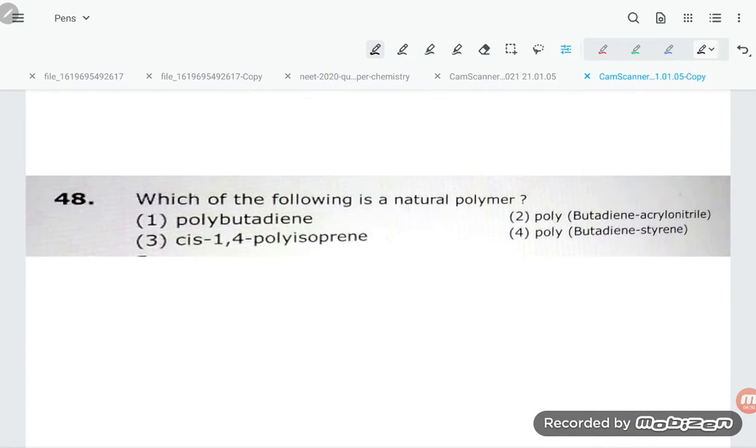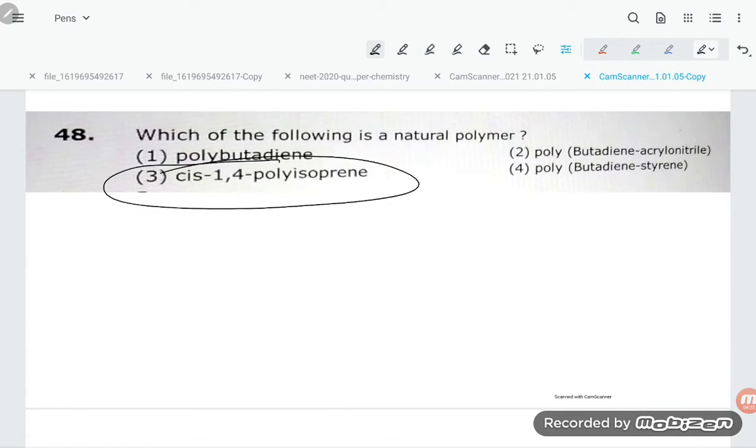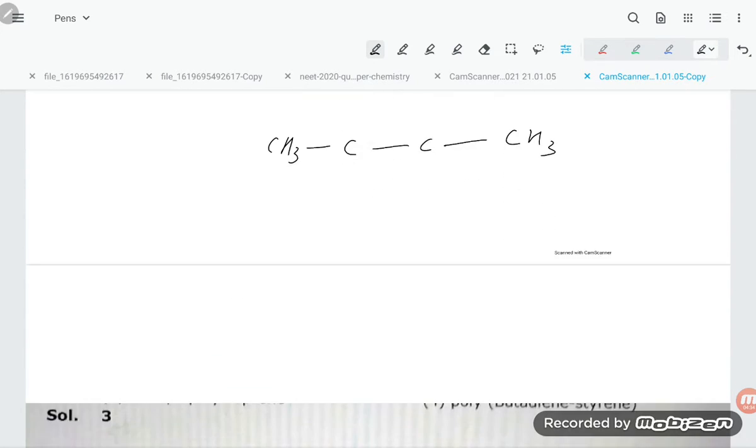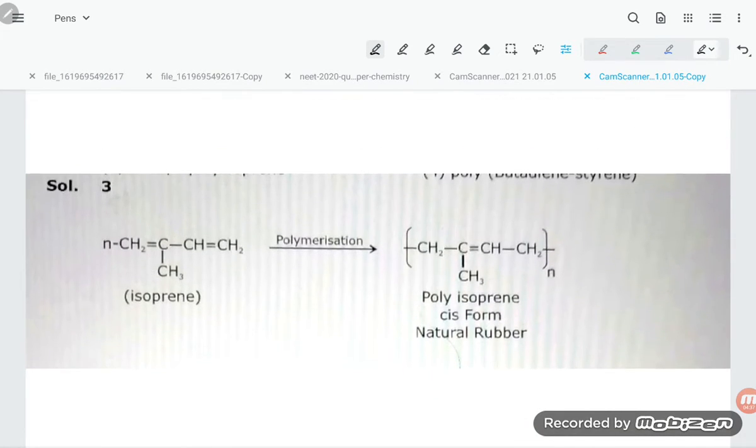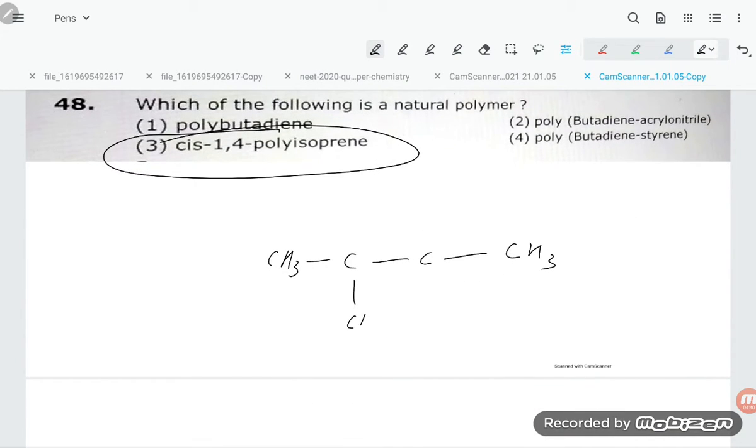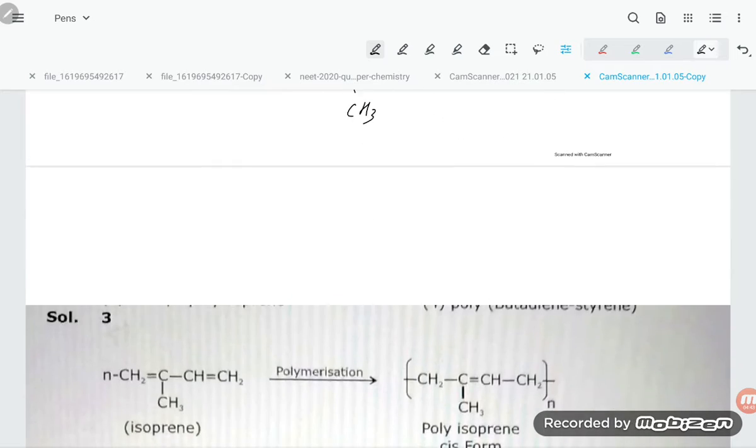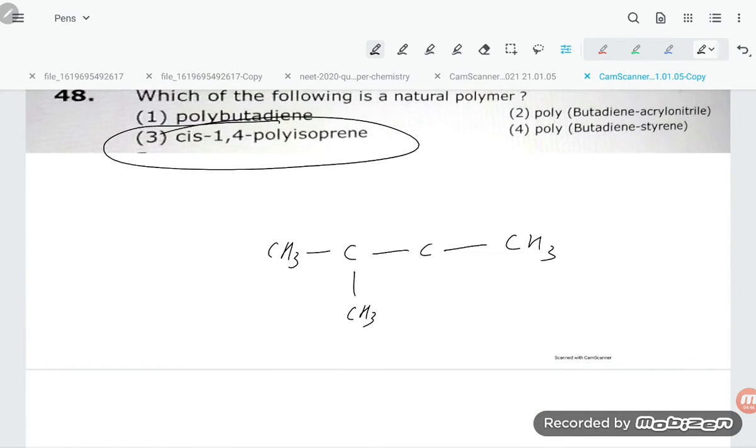Our option is cis-1,4-polyisoprene. Here there is CH3 at the 2 position, 2-methyl-1,3-butadiene: CH2 double bond, CH, CH3 double bond, CH2, carbons 1 2 3 4.